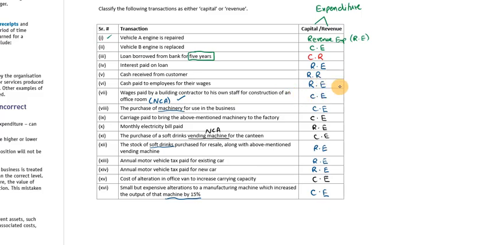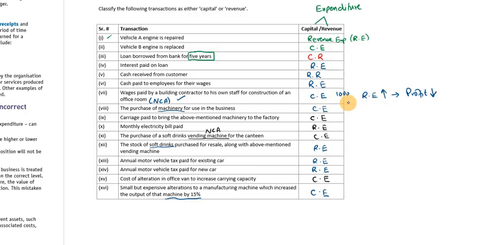For example, this is an amount of 1000 and we considered that this is not capital expenditure, this is revenue expenditure. By considering this as revenue expenditure, our revenue expenditure will increase. Increase in expenditure means decrease in profit. So our actual profit will go down by treating this capital expenditure as revenue expenditure.